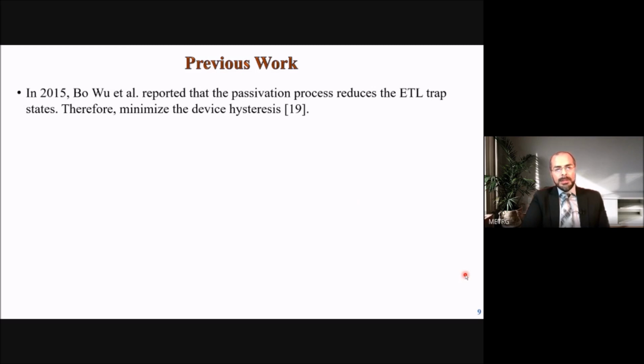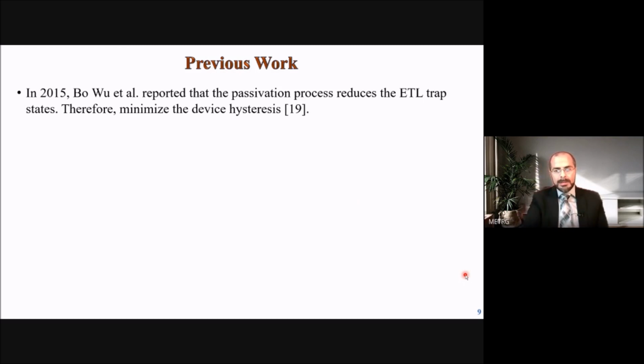In 2015, another team reported the passivation process. The passivation process is the process that's used scientifically to reduce the defects and increase the performance. They used the passivation process to reduce the ETL trap states, the electron transport layer trap states, and after that, they minimized the device hysteresis.